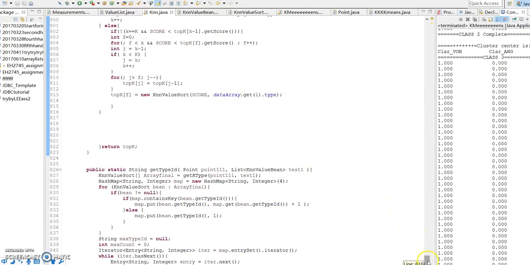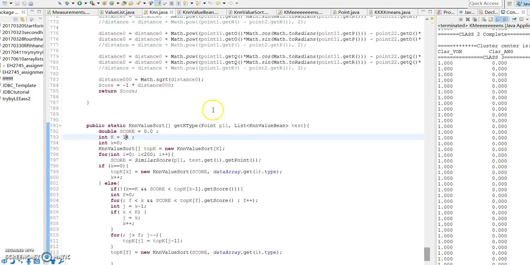How could we determine the number k in KNN? That means how many points we need to collect, the k nearest points of the point that we are going to study.